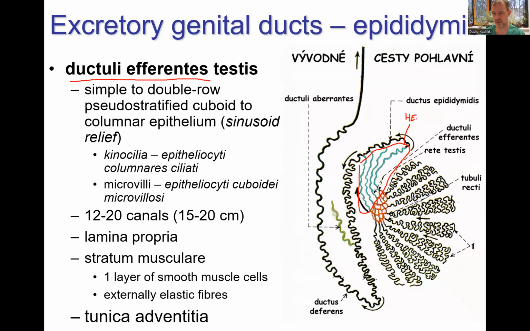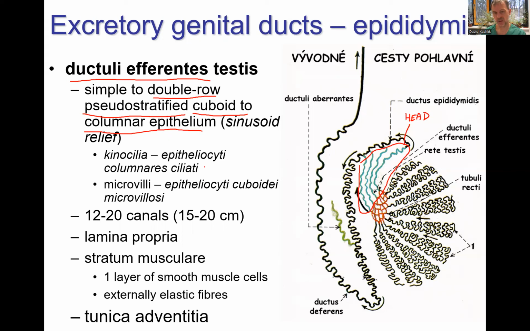Morphologically, they are already in epididymis. They are lined by cuboid to columnar epithelium, but it is pseudostratified, because you can see sometimes a double row of nuclei. So you can see the small basal cells and then the high cuboid to columnar ones.